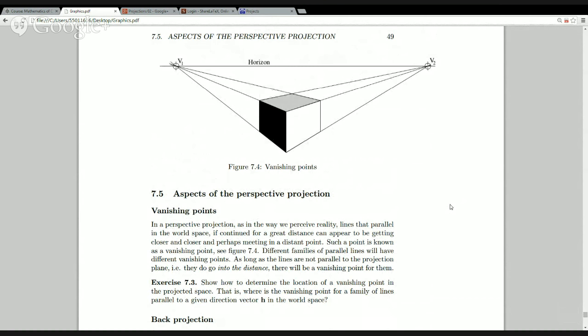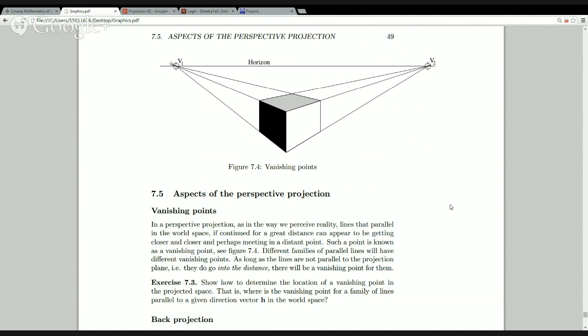Okay, well, every line in the world space which is parallel to this direction vector h has an equation. The line has a vector equation, which is p plus mu h, where p is just some reference point on the line.